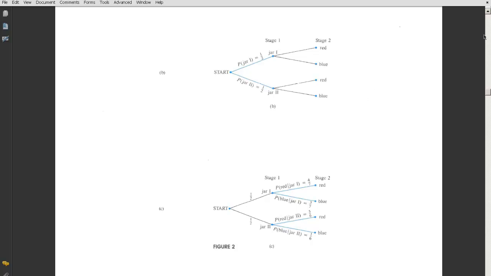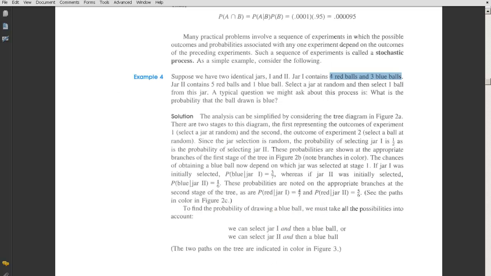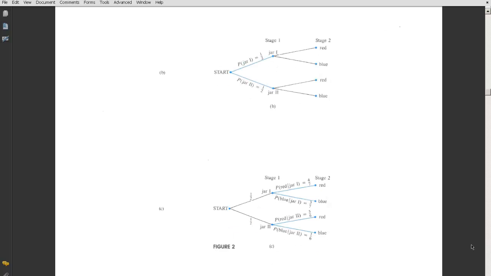Now let's go back to the question. What is the probability that the ball drawn is blue? In terms of that tree, we get blue here, and we get blue here. So there are two ways that we can get blue.